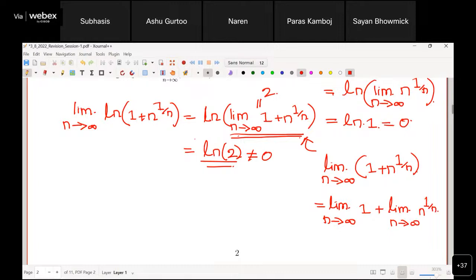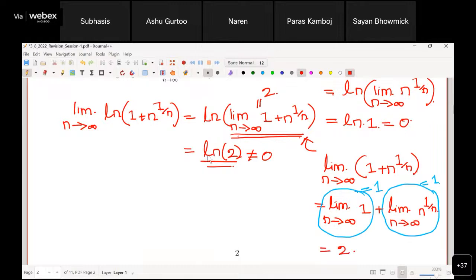What is the limit of the first thing? 1. And what is the limit of this sequence? 1. This is a constant sequence, so this is also 1. So basically we are getting 2. Thanks.